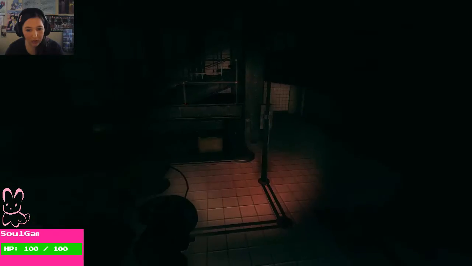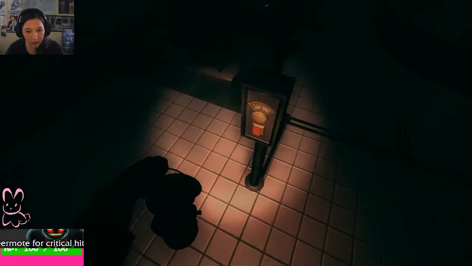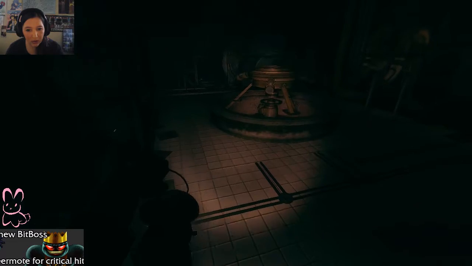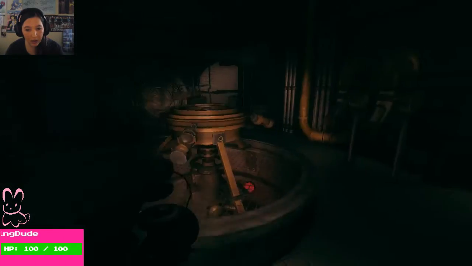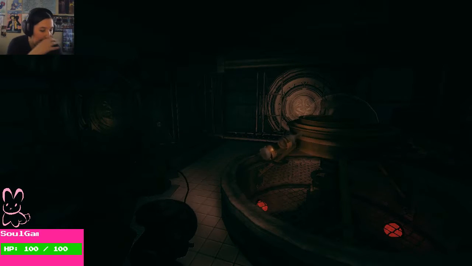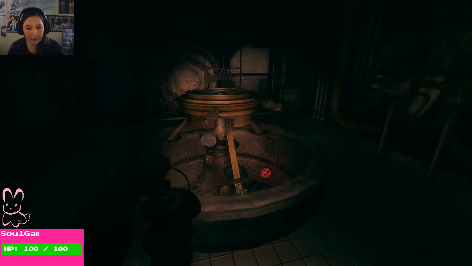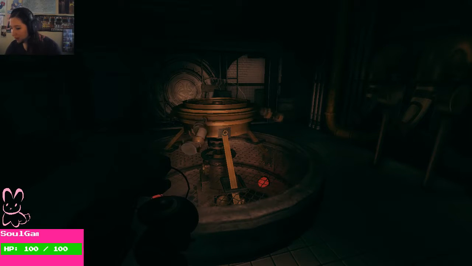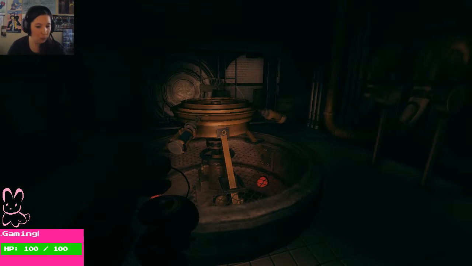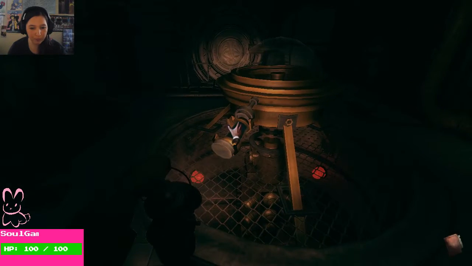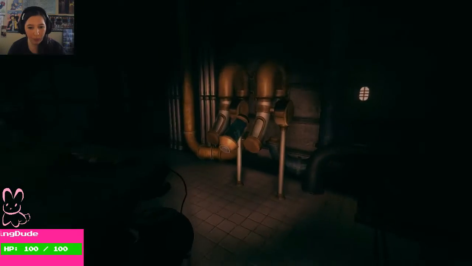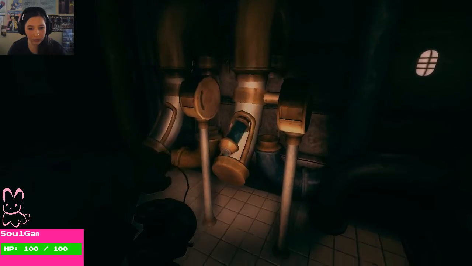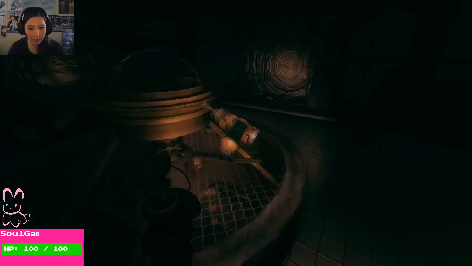Alright, so now there's the... I only have 2 components. Is that okay? Apparently that's okay. Oh crap, what do I do with this? No?